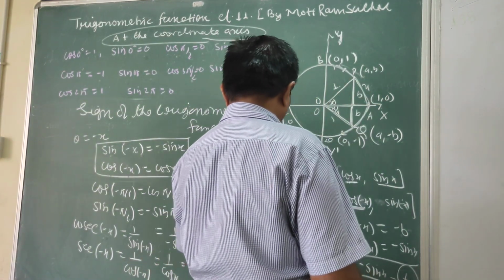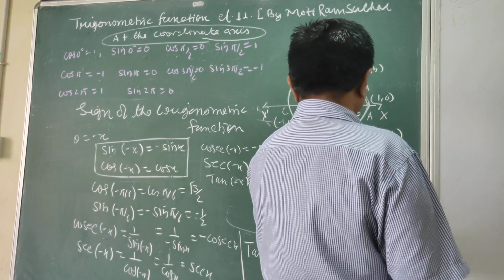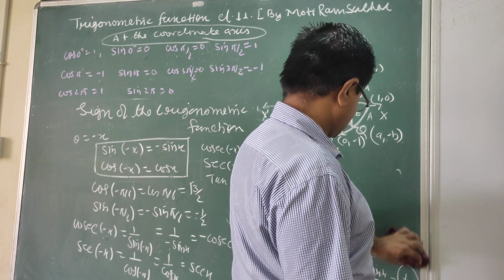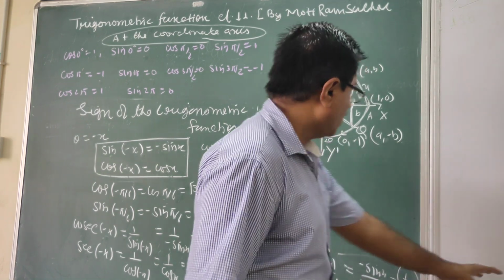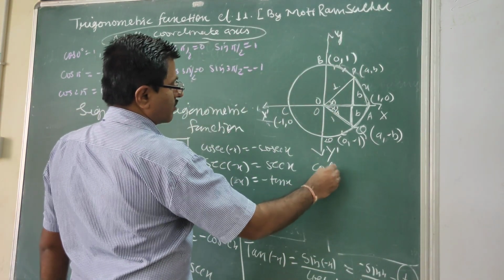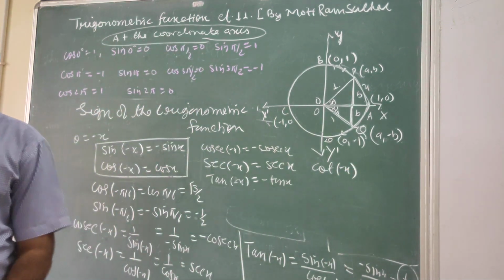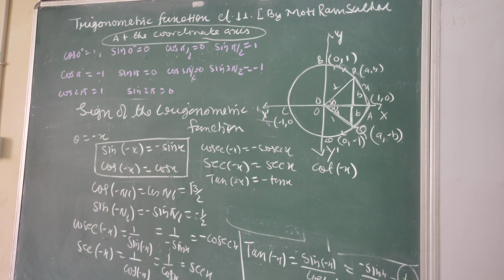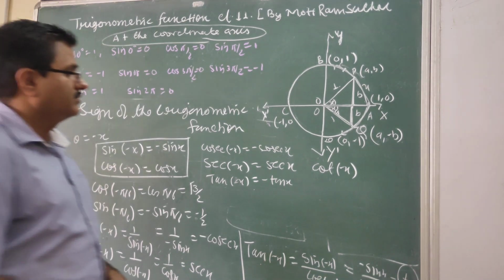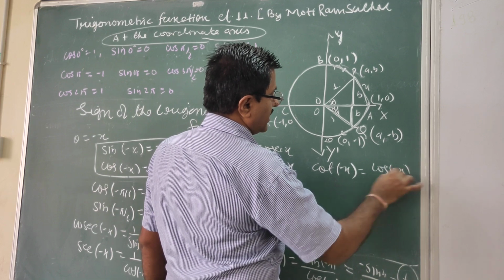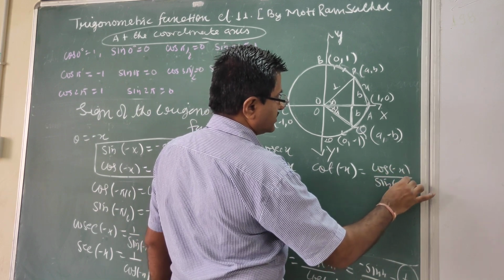Similarly, we can find for the cot. Cot of minus x can be written as cos of minus x upon sin of minus x.